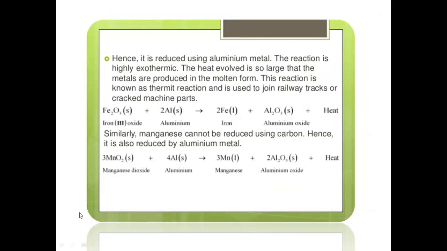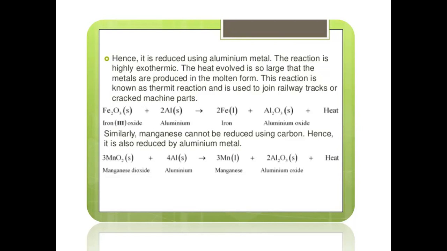For example, for manganese dioxide, we'll use aluminium, not carbon, as a reducing agent. When manganese dioxide reacts with aluminium, it forms manganese plus aluminium oxide, right, students? And this type of reaction is known as the thermite reaction, which is very important, right?